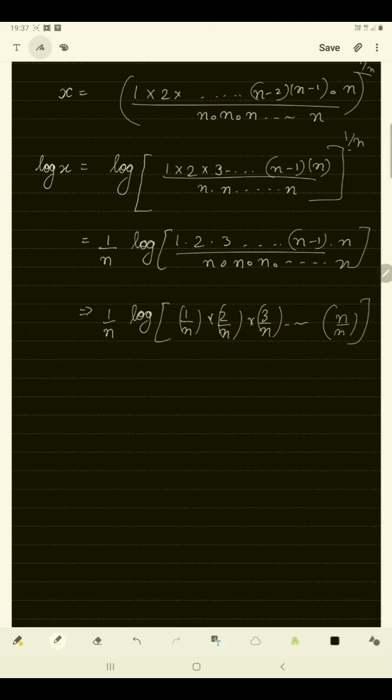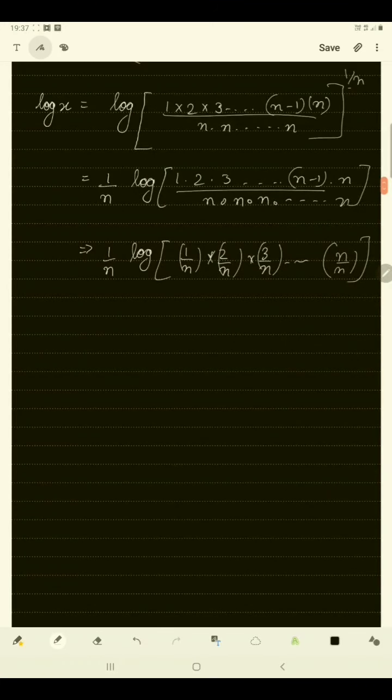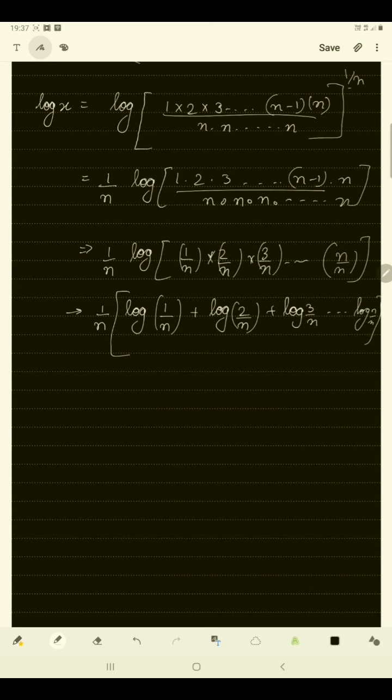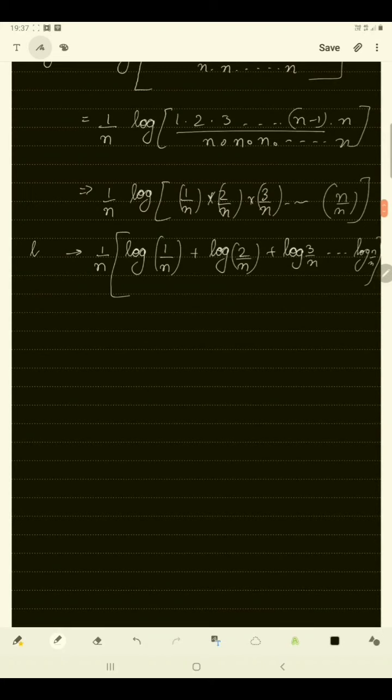And now since these terms are in multiplication we can separate them with a plus sign in between. This is a property of log, we know this, so I'm just directly going to write it, and this is what we get: log 1 by n plus log 2 by n plus log 3 by n continues to log n by n, and we have a log x over here.